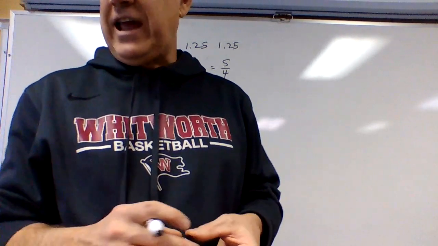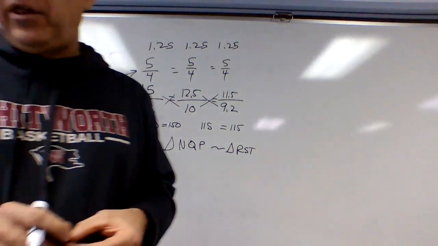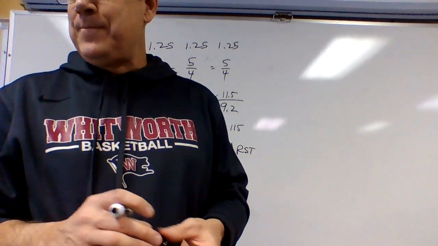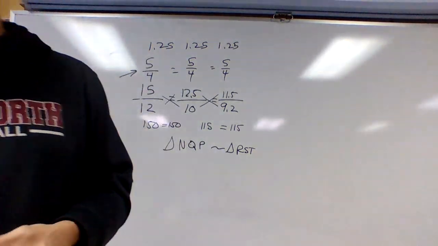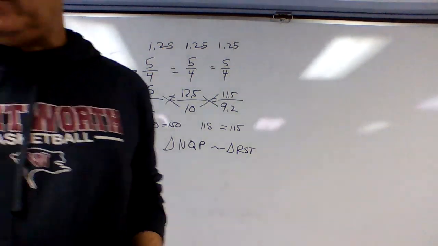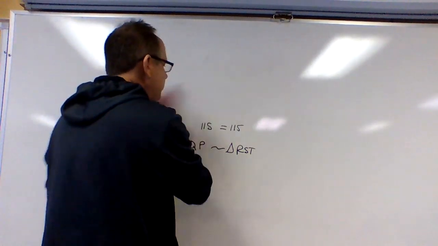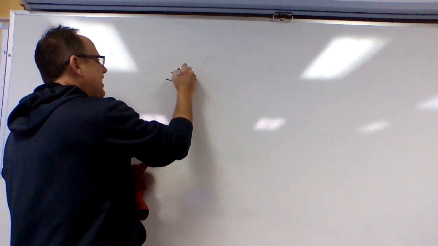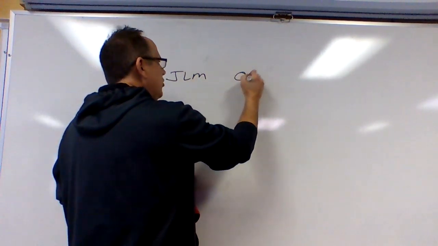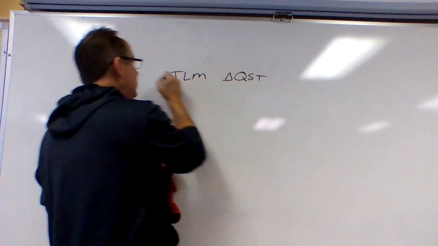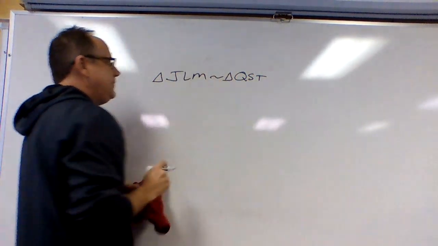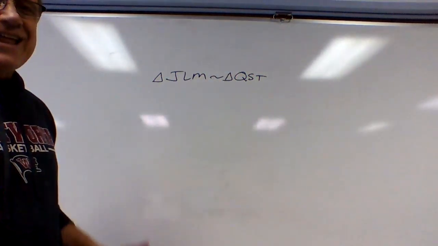So take a look at guided practice 3A and 3B. Okay, 3A and 3B. We see JLM and QST, these are triangles that are similar, and we're given the side lengths.